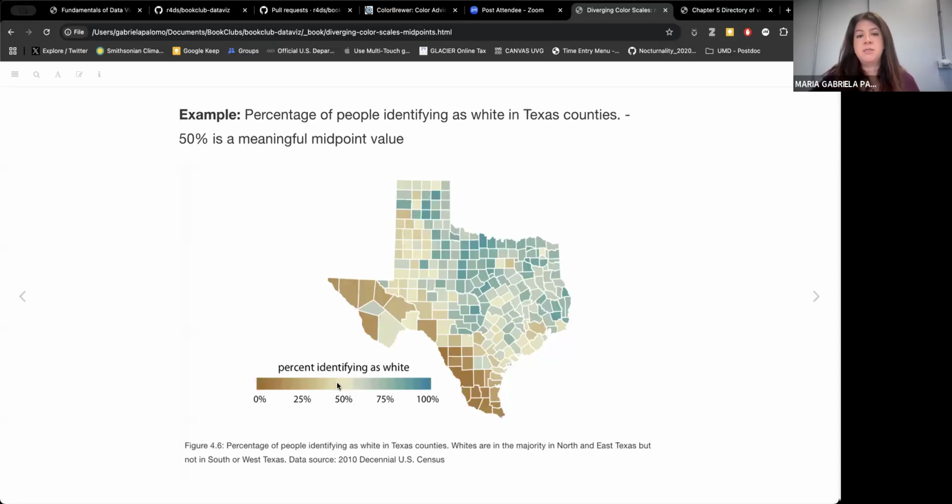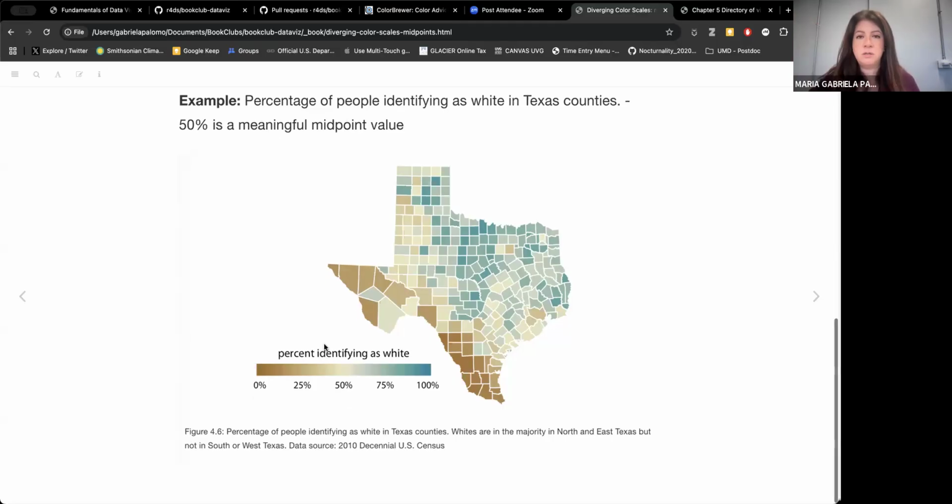Then it's super easy to say that values lower than 50% are going to be in this brownish scale, and all the higher values all the way up to 100% are going to increase in color in this teal color, if you will, or aqua. I'm not really sure what color that is.